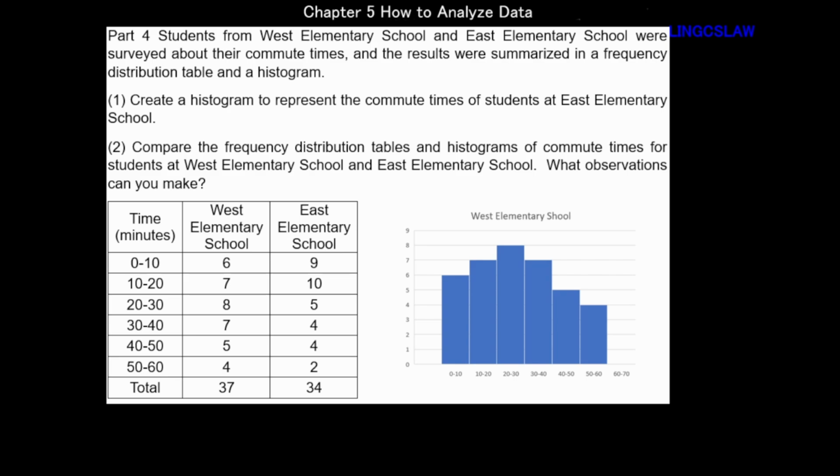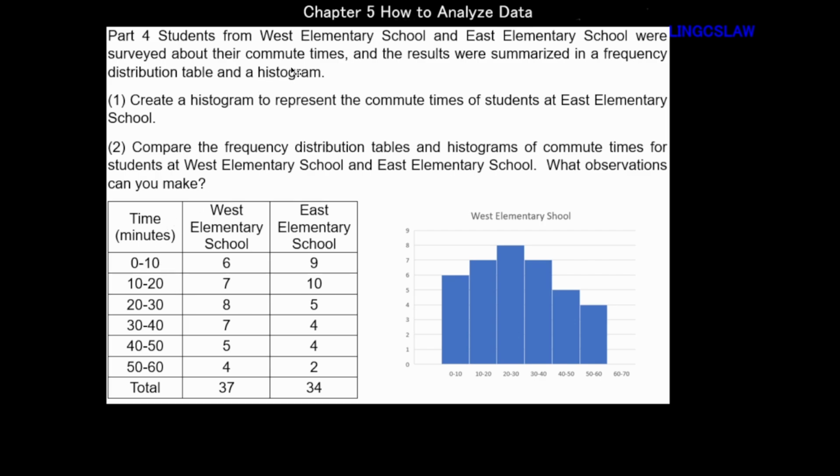Our frequency distribution table is this one, and the histogram is this one. First, let's look at the table. There are 3 columns: time, West Elementary School, East Elementary School. In the time column, there are rows: 0 to 10, 10 to 20, 20 to 30.